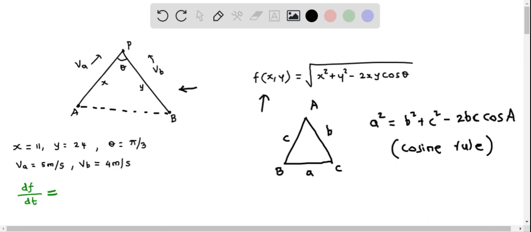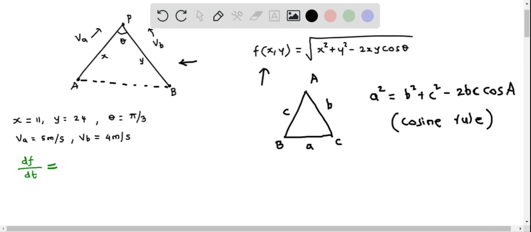So clearly we have a triangle APB, and in this triangle we can apply the cosine rule. So let me reconstruct the triangle. We have this triangle, this point is P, and this is A, and this is B, and this distance is x, this distance is y, and this angle is theta.